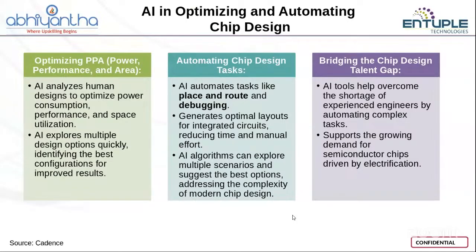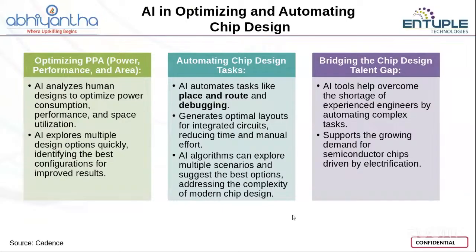How is it happening? The main thing is optimizing the PPA parameters of the ICs. AI analyzes human designs to optimize power consumption, performance, speed, and space utilization. AI explores multiple design options quickly to identify the best components.